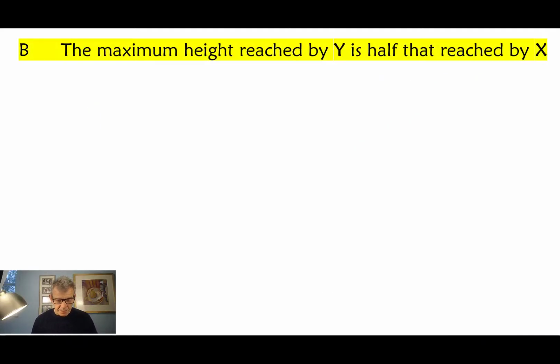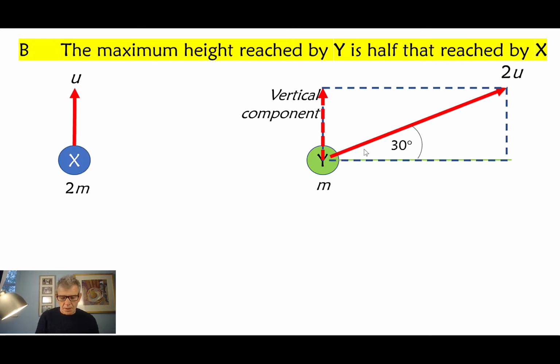Let's have a look at statement B then. What we're saying here is that the maximum height reached by y is half that reached by x. Again, the first thing we need to do is work out the vertical component of our initial velocity. We take the vertical side of our rectangle, which is effectively opposite the angle of 30 degrees, and because it's opposite, we use sine.